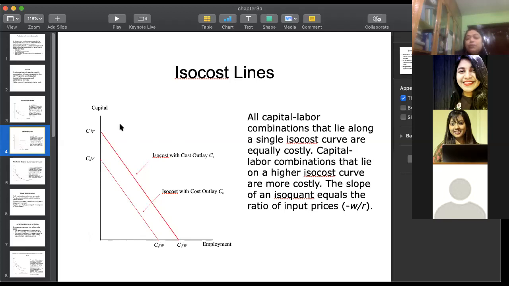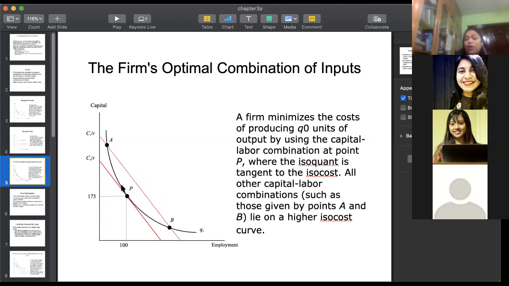Now you want to impose your isoquant. You want to produce a certain level of output, let's say 100. You want to impose that isoquant on this plane of isocost curves and find that particular isocost that is tangent to your isoquant.